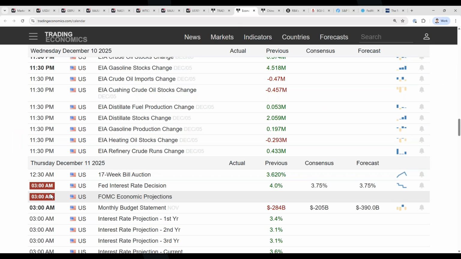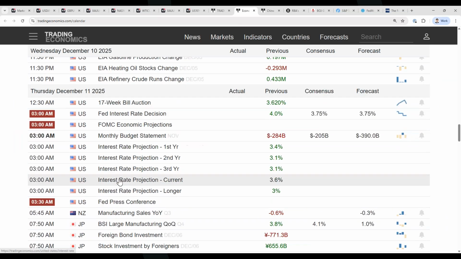That will also be out at the same time as the Federal Reserve interest rate decision outcome at 3 a.m. And then thereafter, the market will focus on how the Fed Chair messages during the Q&A session, during his press conference. That will be at 3:30 a.m. Singapore time, and that could also create volatility in the global markets.